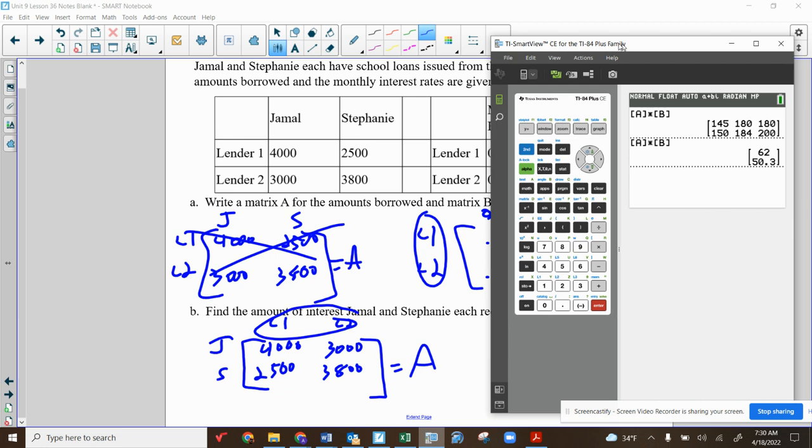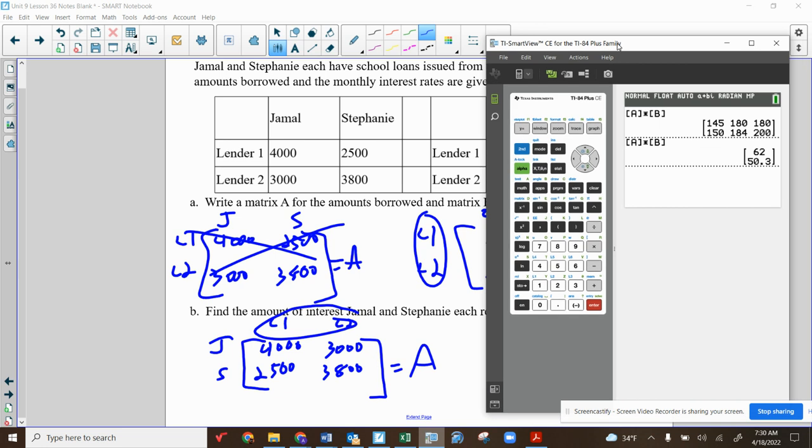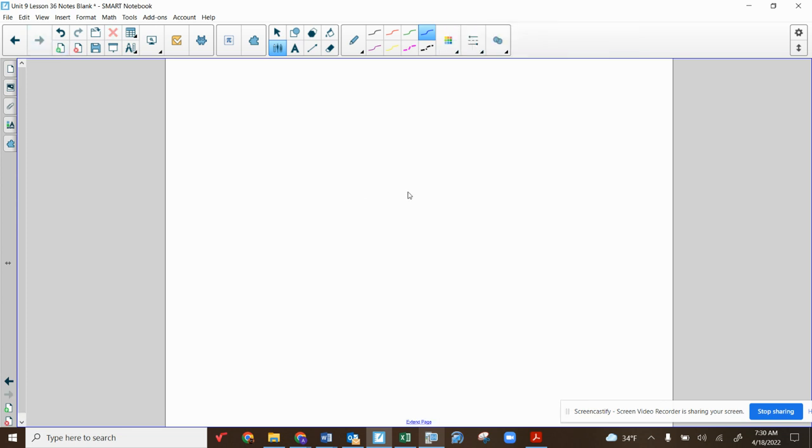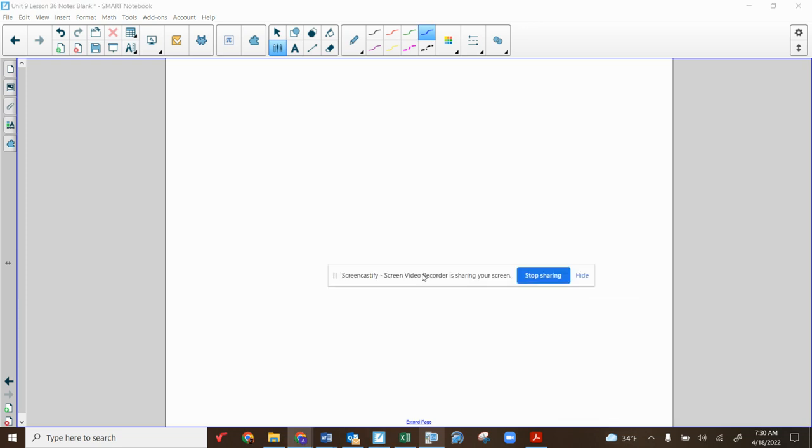It was $62 for Jamal, $50.30 for Stephanie. Okay. All right, so that is multiplying matrices either by hand or by calculator. Let me know if you have any questions on lesson 36.